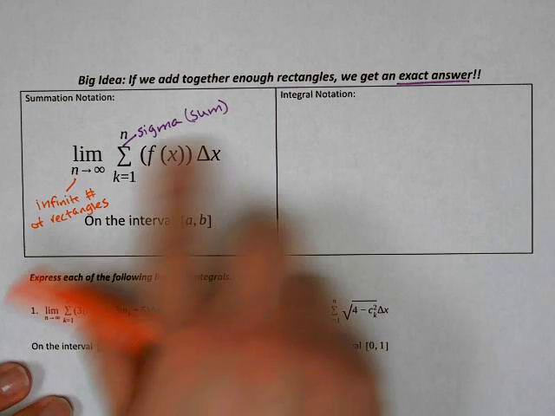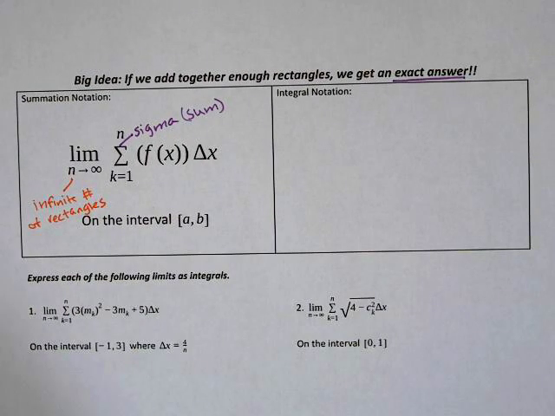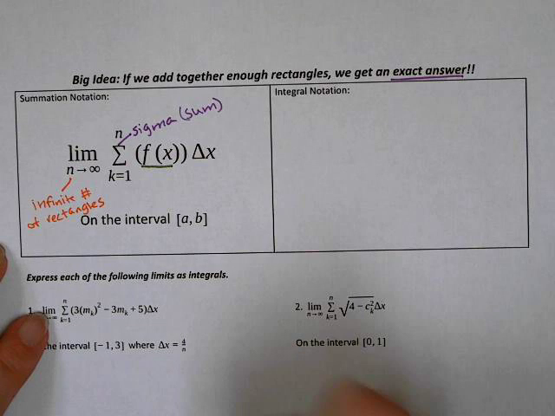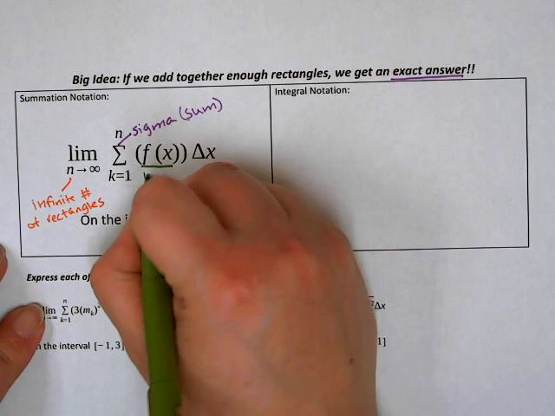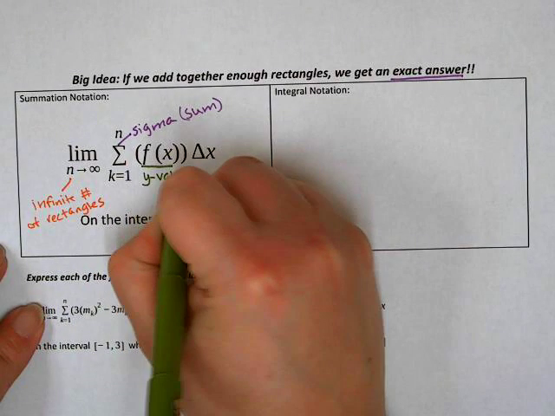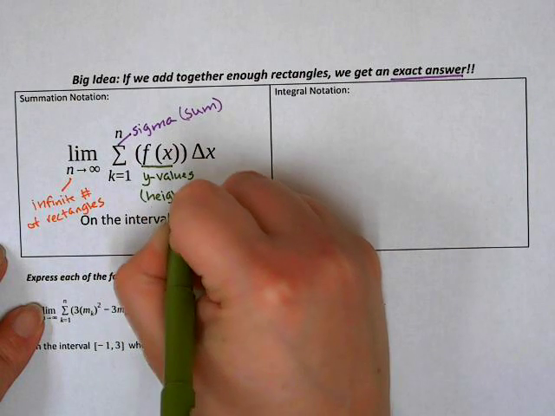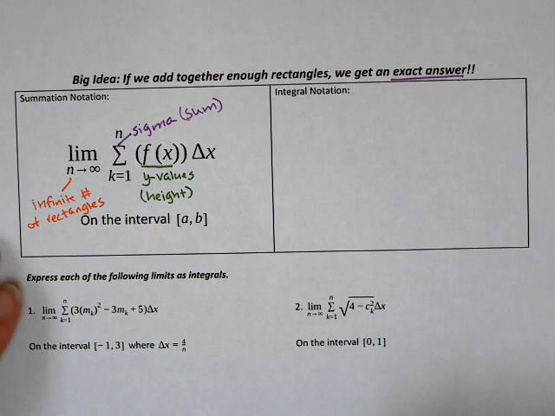So another part of this should look super familiar to you. You should be able to pick out that this f of x that's written here is actually just our y values. It's the height of the rectangles that we use when we're finding the actual area.